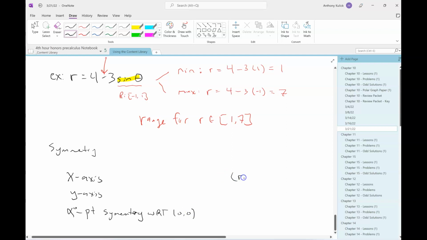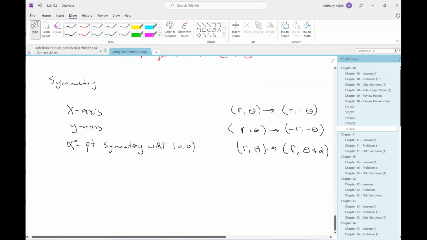To show something is x-symmetric, we're just going to replace r theta with r negative theta and show that we still get the same thing. To show that something is symmetric with the y-axis, we're going to replace r theta with r negative theta and show we still get the same thing. And to show that we have this alpha point symmetry, we're going to replace r theta with r theta plus alpha and show that we'll still get the same thing.